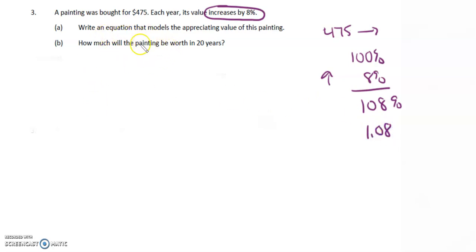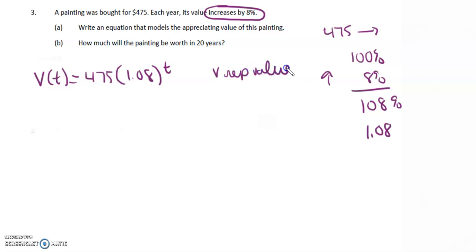So write an equation that models the appreciation value of this painting. We can do value at time t equals the original times 1.08 to the exponent t. V is going to represent the value in dollars, and t is going to represent time in years.